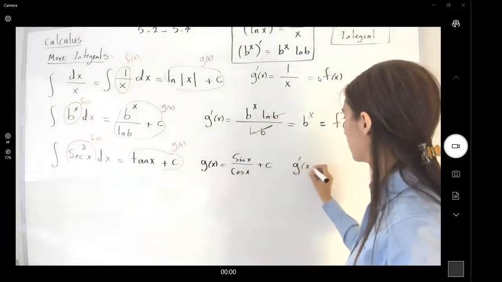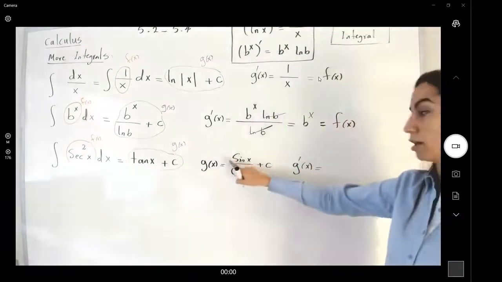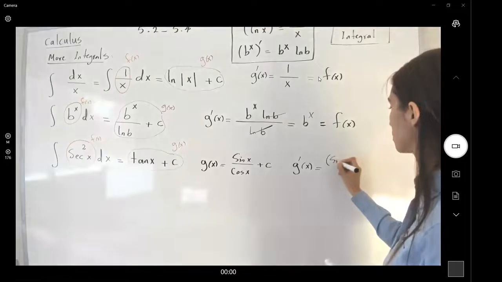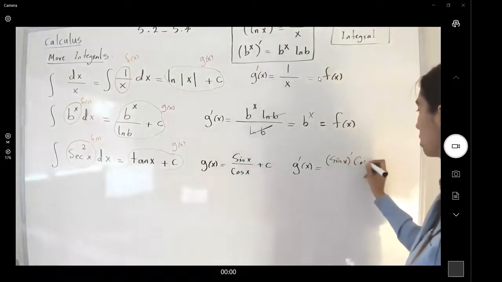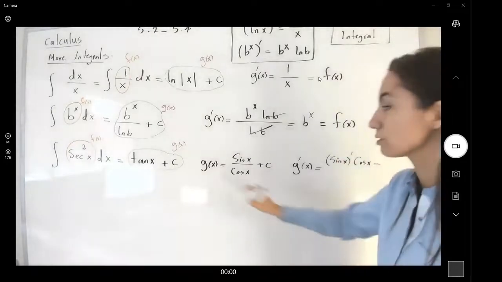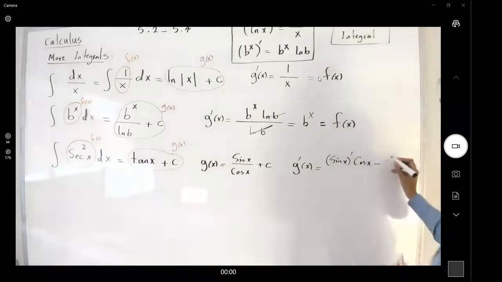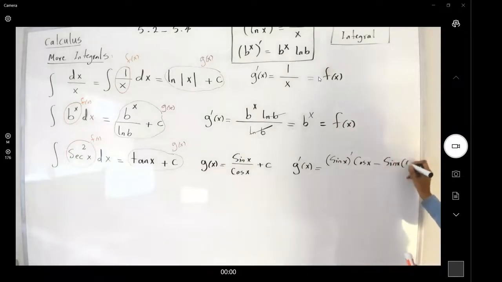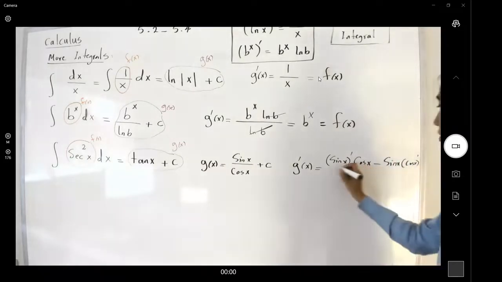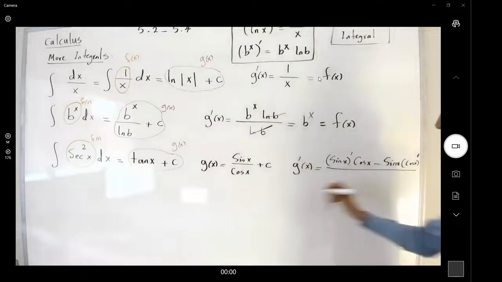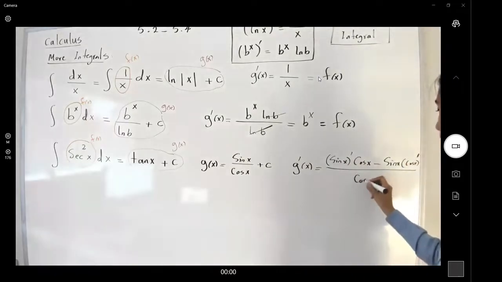G prime of x: the derivative of sine times cosine, minus the derivative of cosine times sine x. Everything is divided by our denominator raised to the second power.